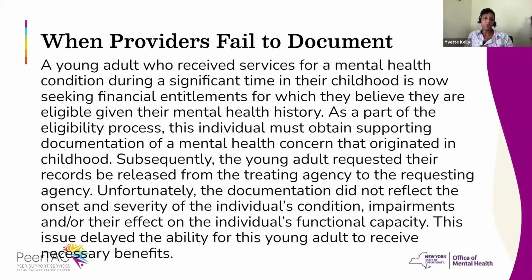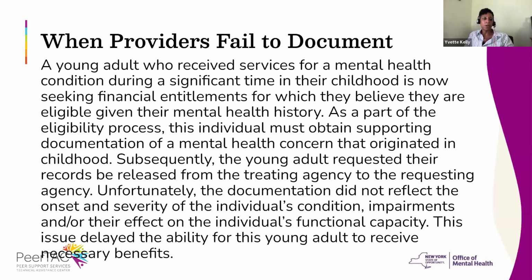A young adult who receives services for a mental health condition during a significant time in their childhood is now seeking financial entitlements for which they believe they are eligible given their mental health history. As part of the eligibility process, this individual must obtain supporting documentation of a mental health concern that originated in childhood.